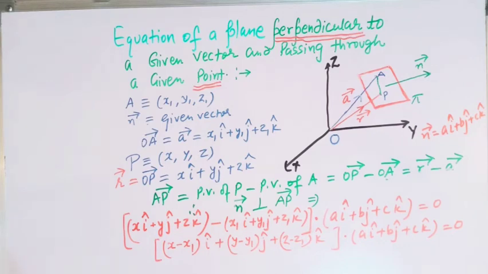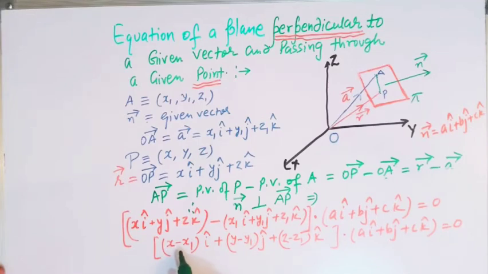Now if we take the dot product, then we have x minus x1 times a, because when we take the dot product of two vectors, we multiply the x components and y components and z components, and the products are added.